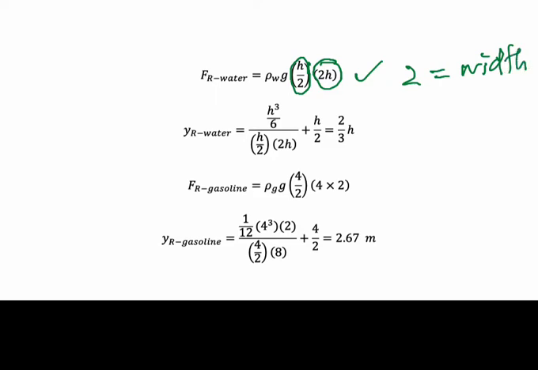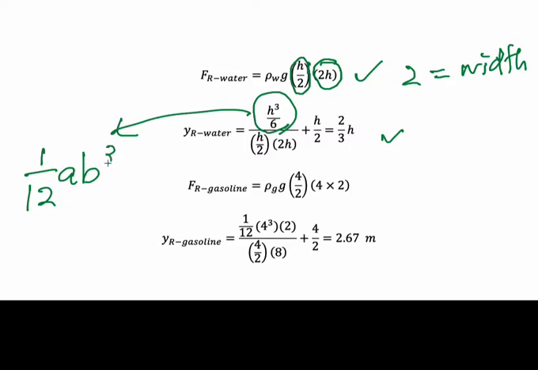Then we could calculate YR by using the moment of inertia. We know that the gate is rectangular, so we use the idea of 1/12 A B cubed. Then we could calculate the value of YR for water, which is equal to 2/3 H.